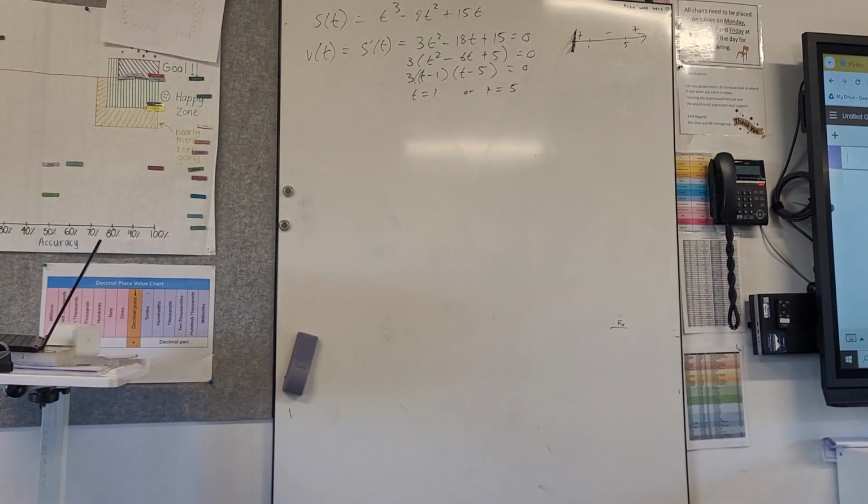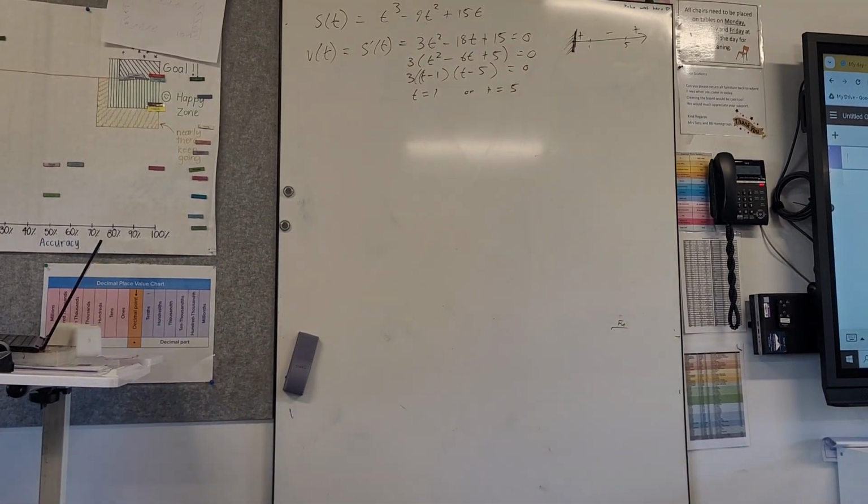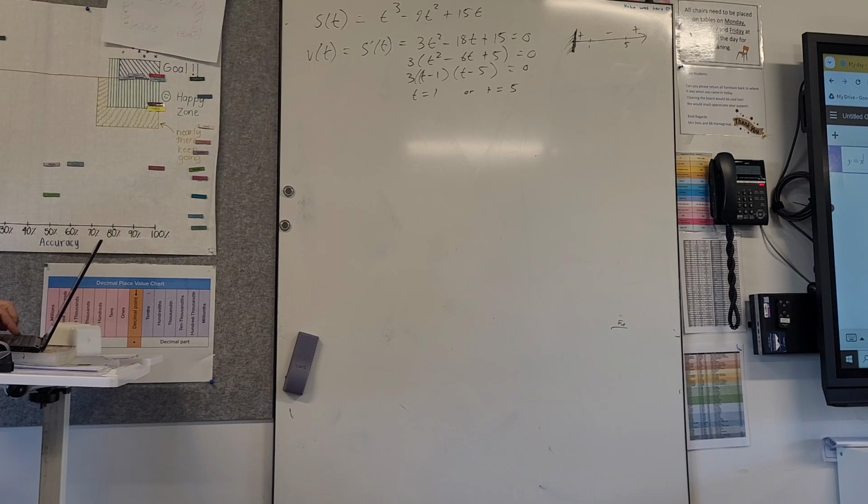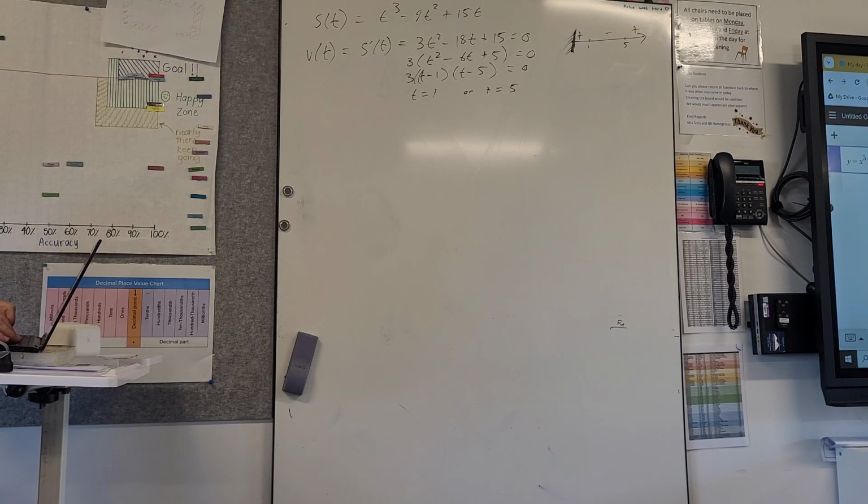Okay, let's demonstrate this on the calculator. Remember, if you have a function, x to the 3, take 9x squared plus 15x, I'm going to call it f of x.